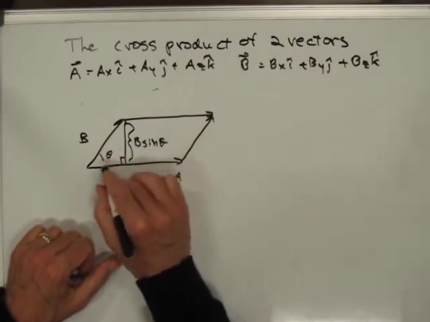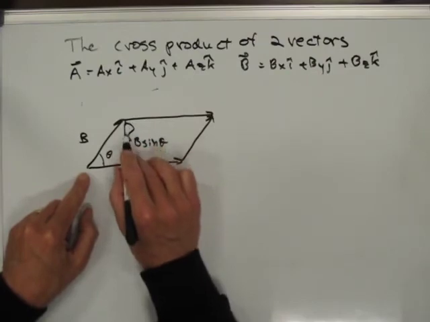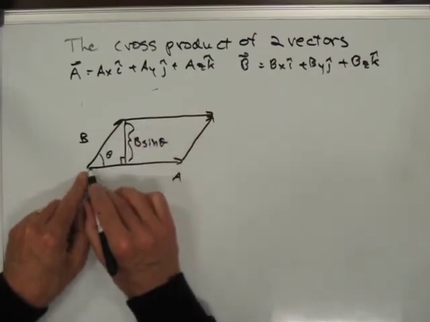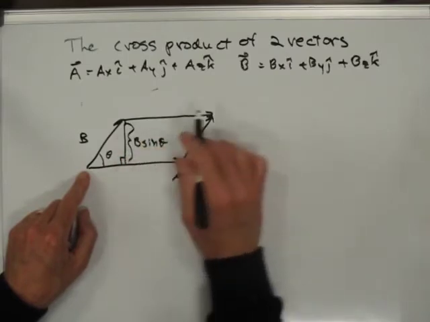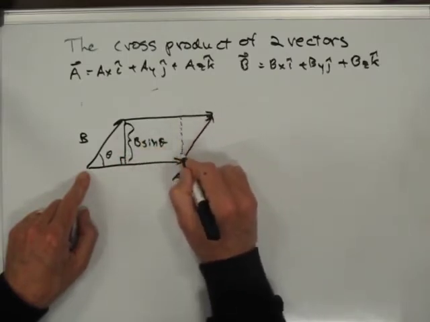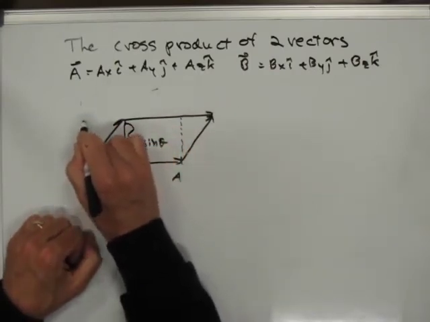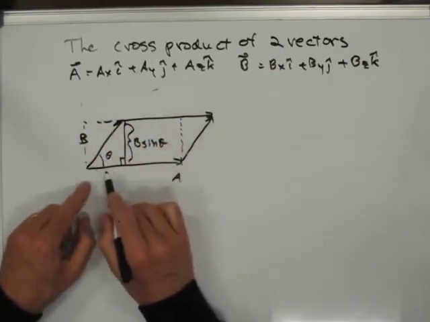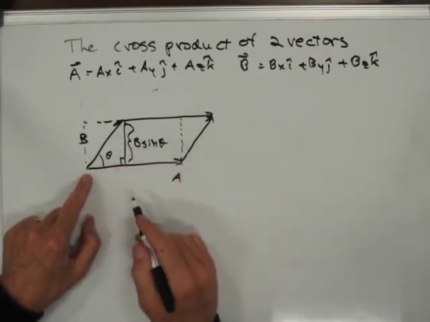is the area of this parallelogram, right? It's A times B sine theta, which is the height. The area of a parallelogram is the length of the base times the height of the parallelogram. If you wanted to, you could take this little triangle off here. It's similar to this triangle. Stick it over here like this. And then you'd have a little rectangle whose base was A and whose height was B sine theta.